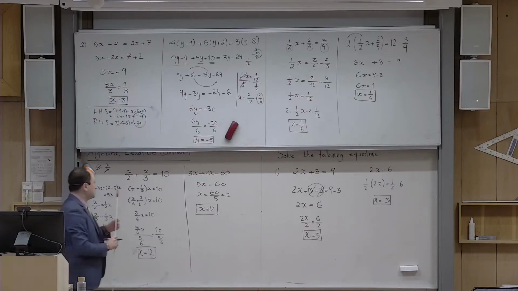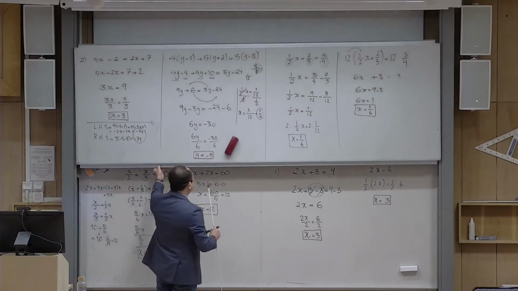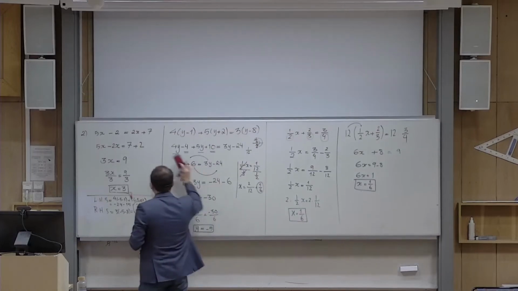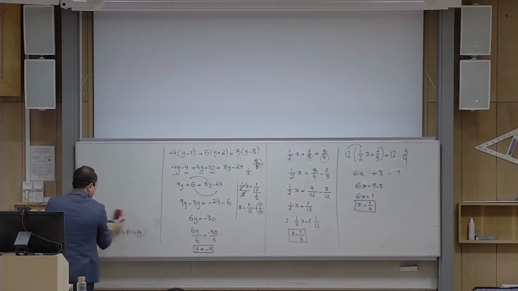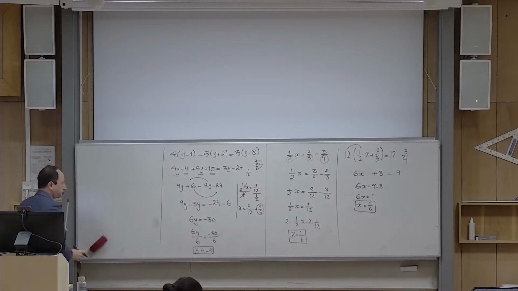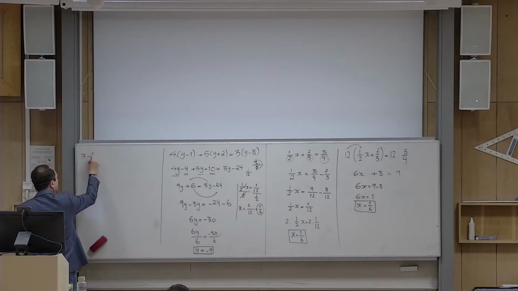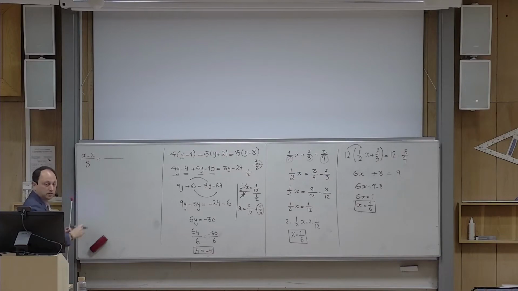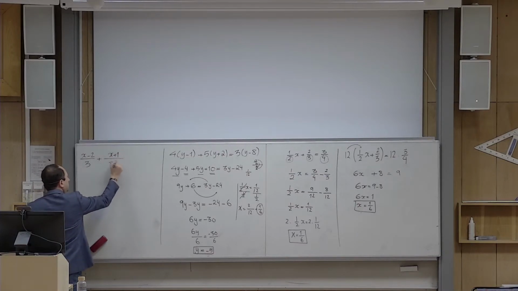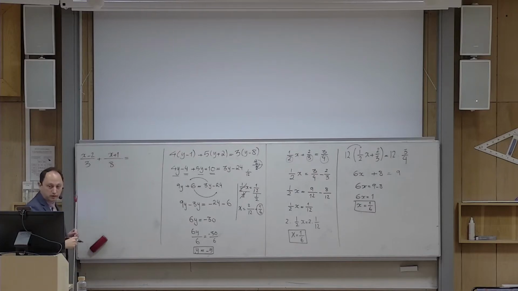Okay, so let me give you this equation. This is a little bit harder. x minus 2 over 3 plus x plus 1 over 8 is equal to 5 over 6.